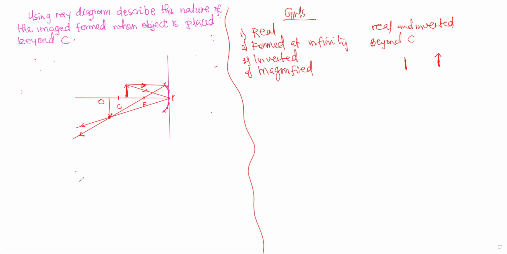By this, I can say that the image is real because it is formed in front of the mirror, or it is formed due to the actual intersection of reflected rays. Real and inverted. All real images are inverted.